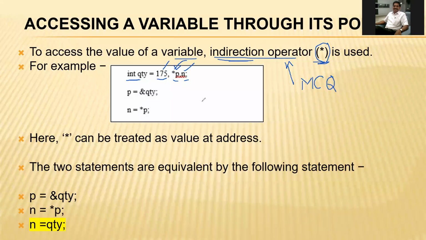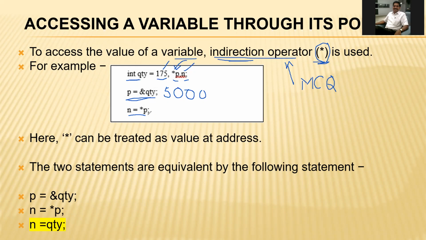Now p is holding ampersand of quantity, which is 5,000. In our previous slide, it is shown that p will hold the value 5,000. But n is equal to star p.